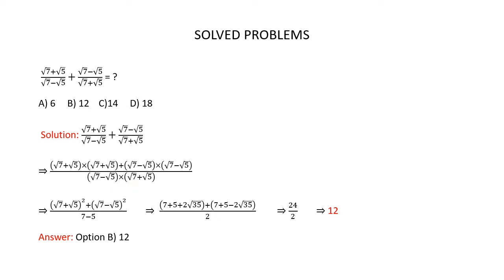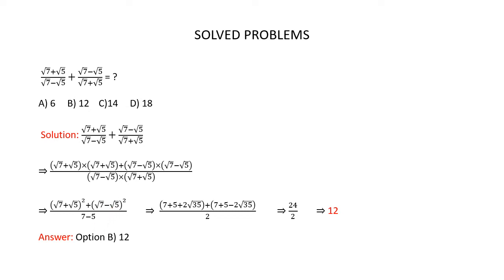So in the numerator you will have root 7 plus root 5 multiplied by root 7 plus root 5 plus root 7 minus root 5 multiplied by root 7 minus root 5. So this can be written as root 7 plus root 5 the whole squared plus root 7 minus root 5 the whole squared divided by 7 minus 5.